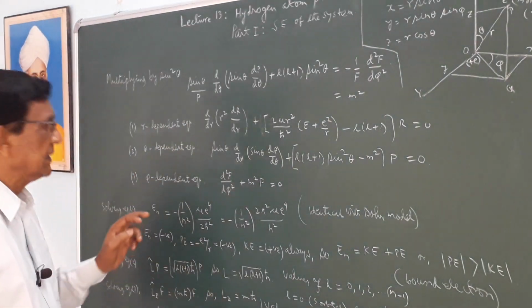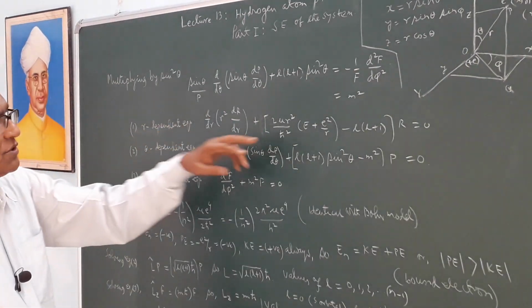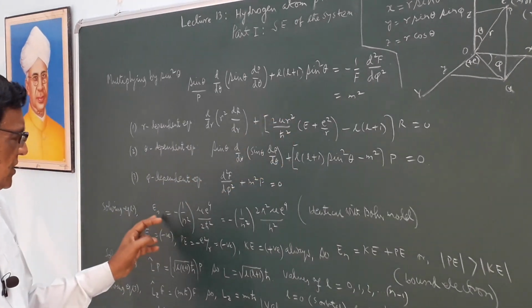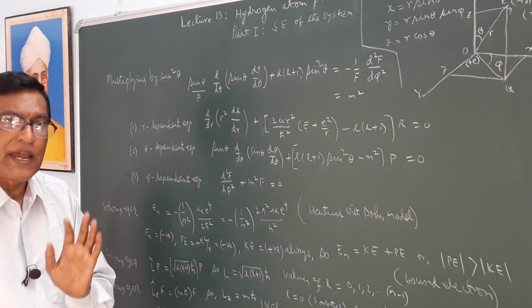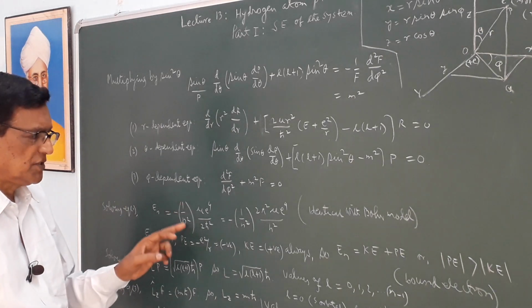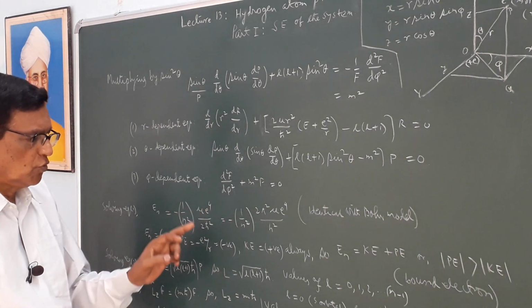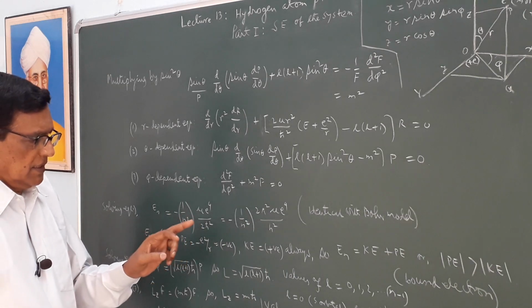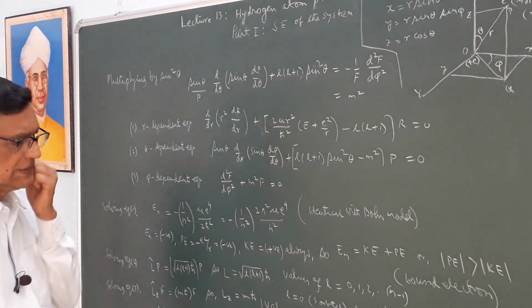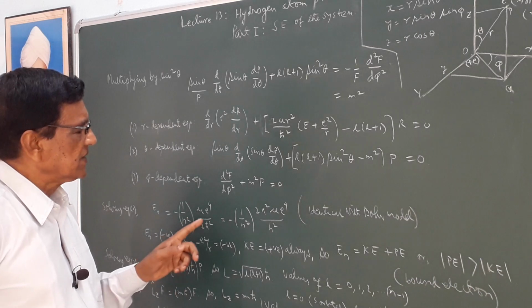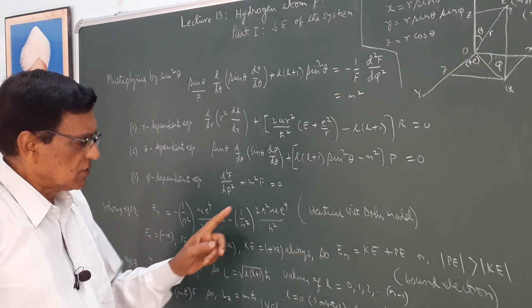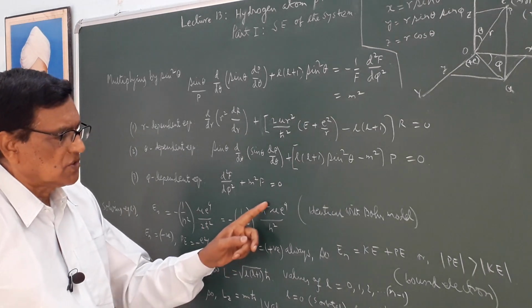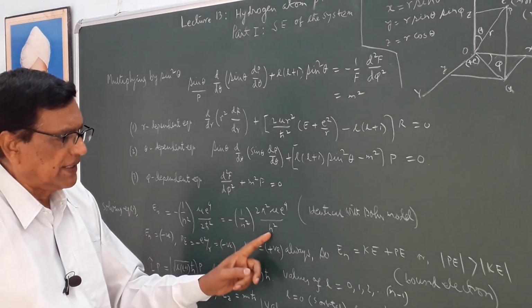By solving this equation, we can get the total energy of this electron in the hydrogen atom, which is minus 1 by n square, mu e to the power 4 by 2 h cross square. If we replace this h cross by h, it is more familiar: minus 1 by n square, 2 pi square mu e to the power 4 by h square.